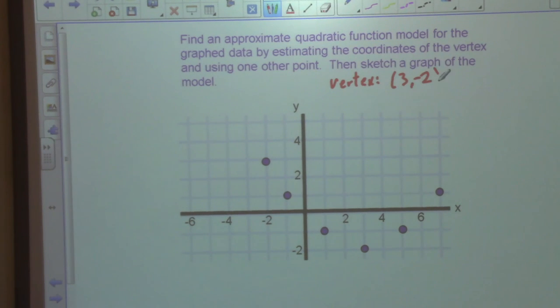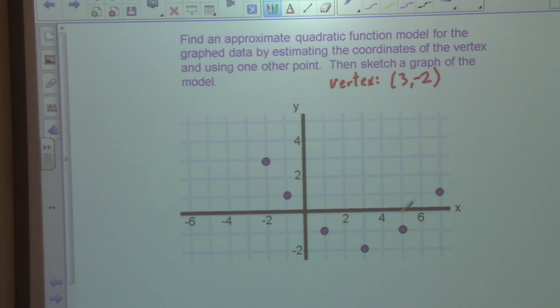Yeah, if you have symmetry like this, I don't have any other reasonable alternative than to pick what Jade did, right? 3, -2. And then one other point.